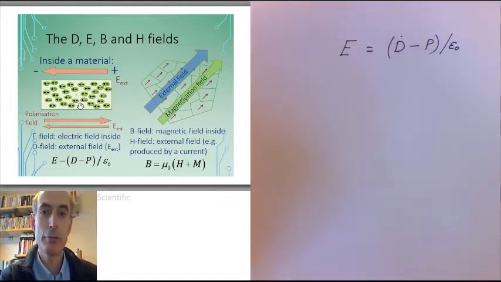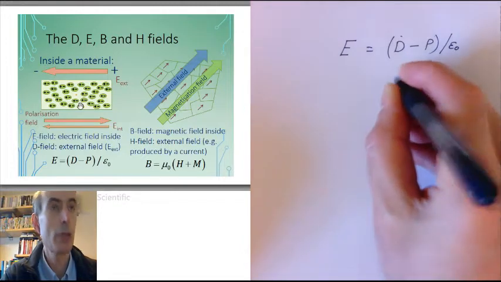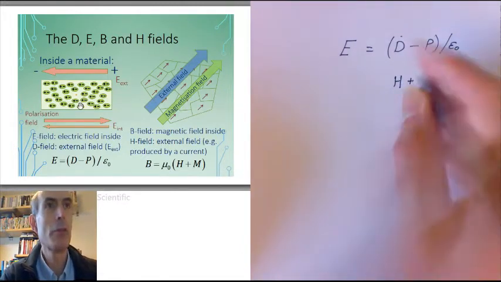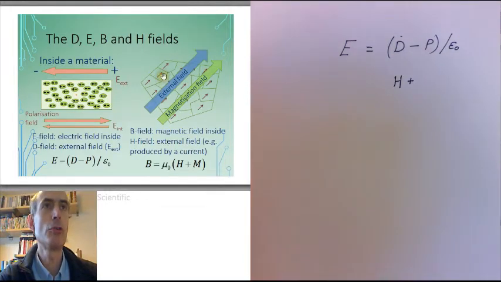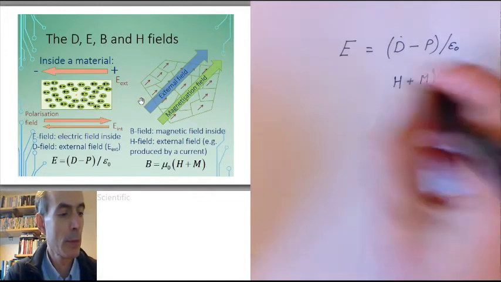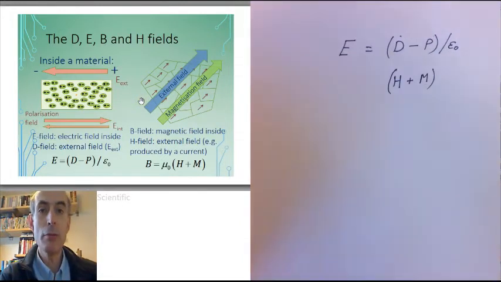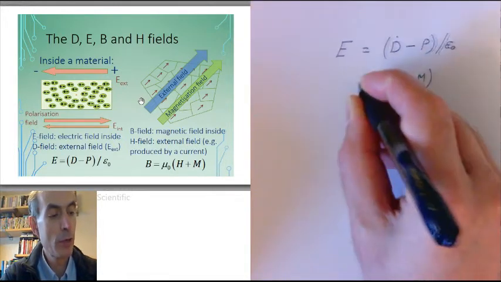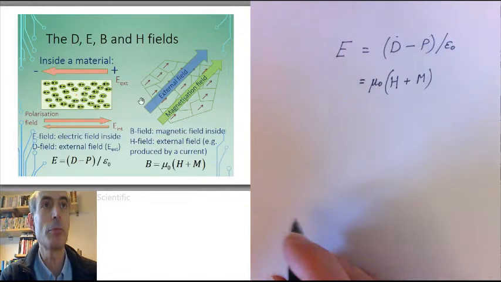In the case of ferromagnetic materials, we have the externally applied magnetic field, that's the H field, adding to the magnetization field produced by all the small dipoles inside the ferromagnetic material. And again, for historical reasons, there's a constant of proportionality put in, known as the permeability of free space.